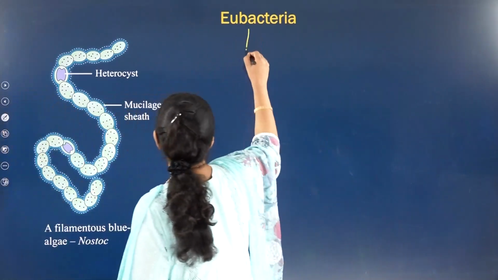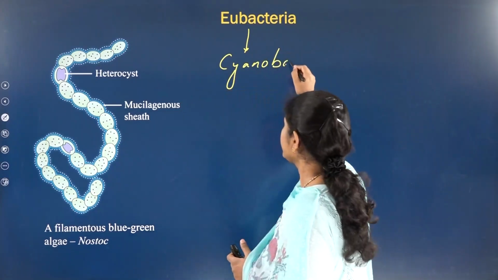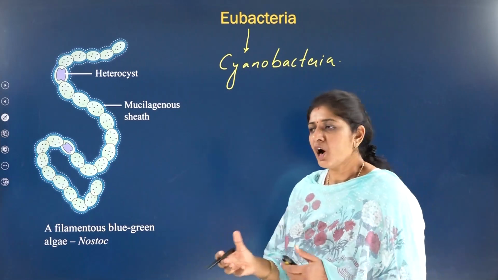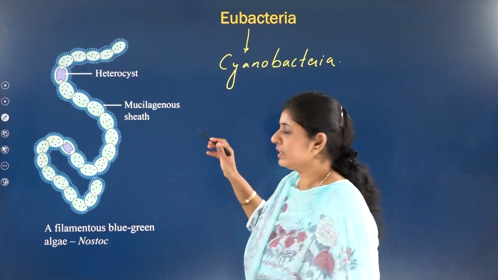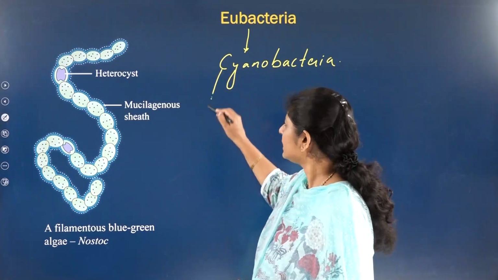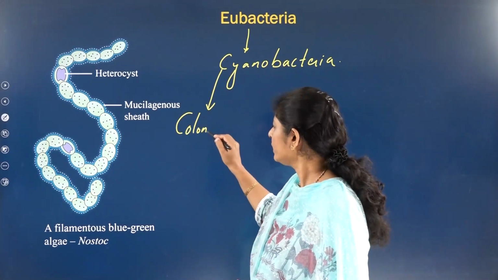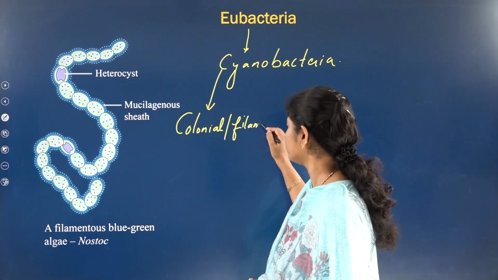Now I am going to talk about Cyanobacteria in slightly more detail, as given in your NCERT book. How can you learn its features? A small mnemonic I want to share here. In that mnemonic, the C stands for colonial form or even filamentous form.